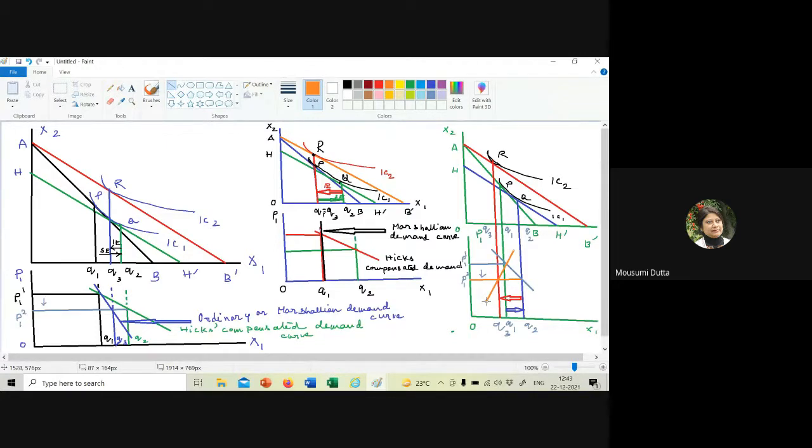We are getting this demand curve because this is the final consumption, P2, Q3. This is the coordinate for the final consumption, and this is the initial consumption point. So if I join these two points, I am getting a positively sloped demand curve.